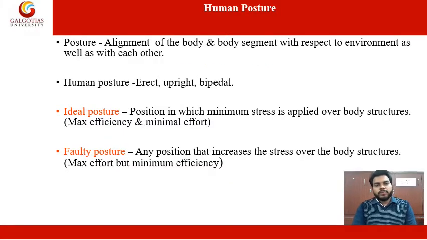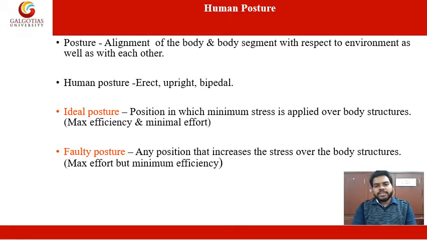Human posture: the alignment of the body and its segments with respect to the environment as well as with each other. What is posture? Posture is the alignment of the body segments. Human posture is erect, upright and bipedal. Bipedal means we walk on two feet, and animals walk quadrupedally, on four feet.